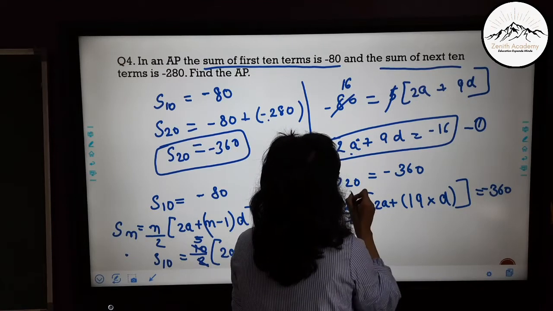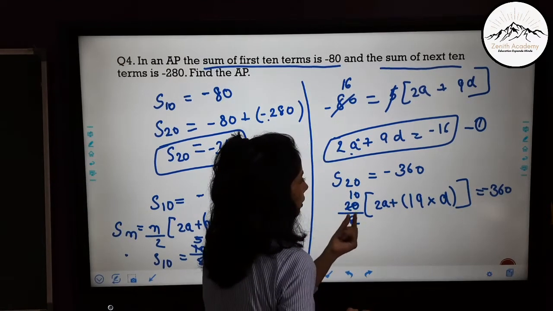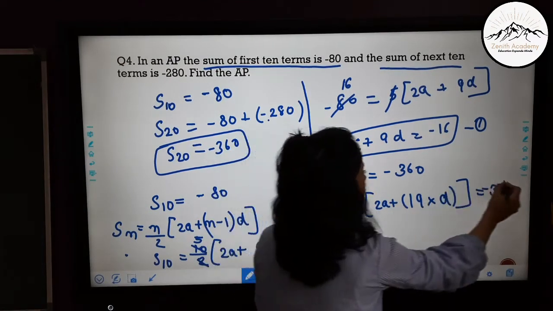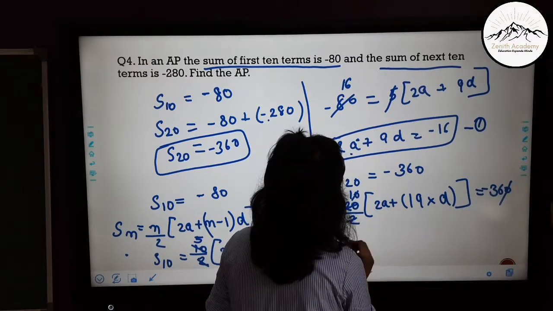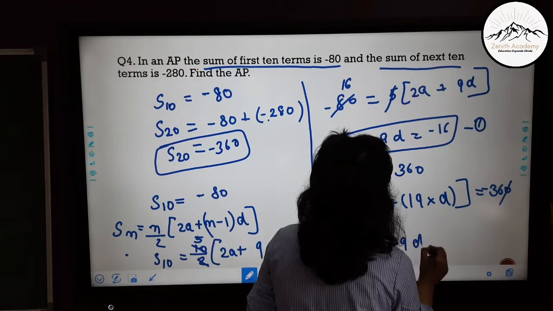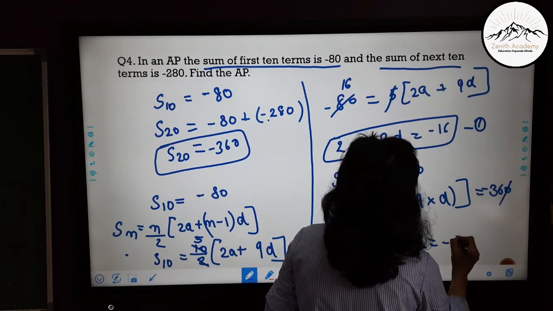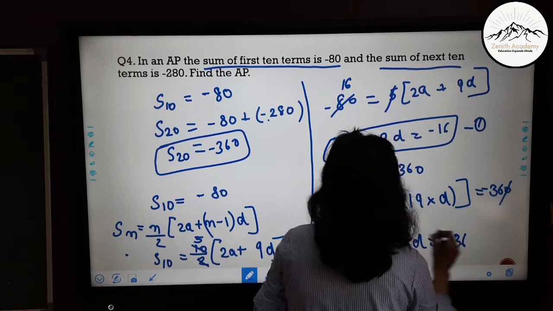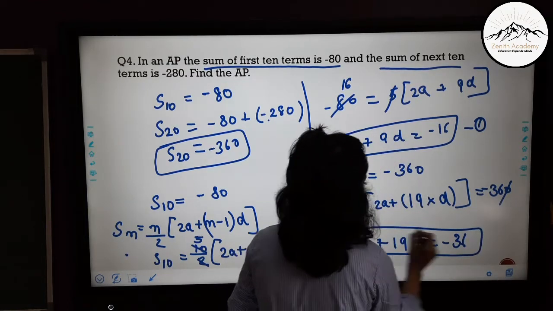So 2 tens are 20, and 360 is divisible by 10. So what we'll get? 2a plus 19d is equal to minus 36 as our equation number 2.